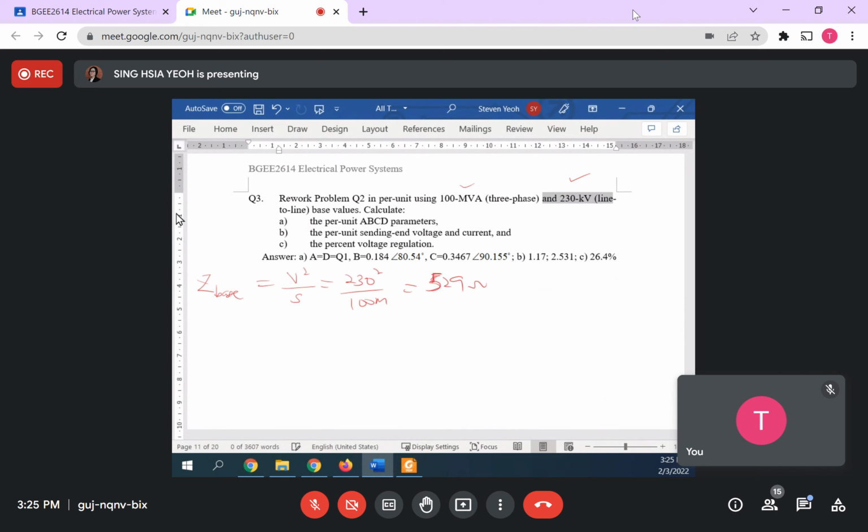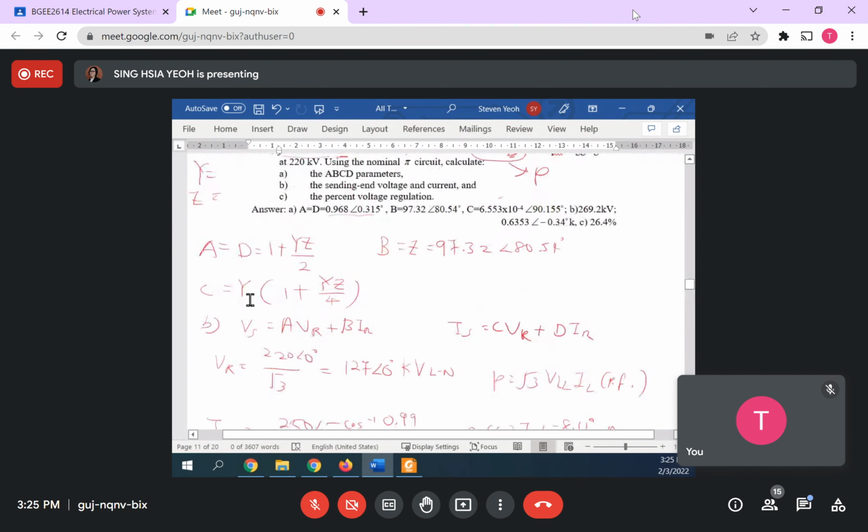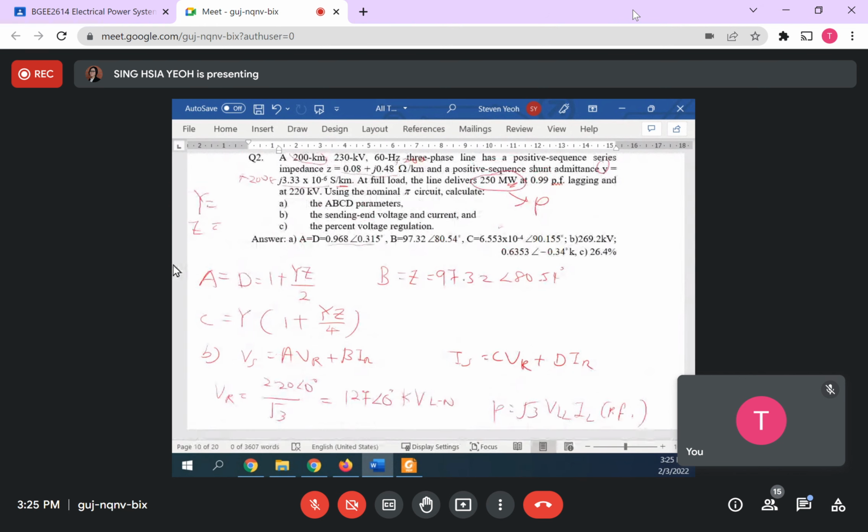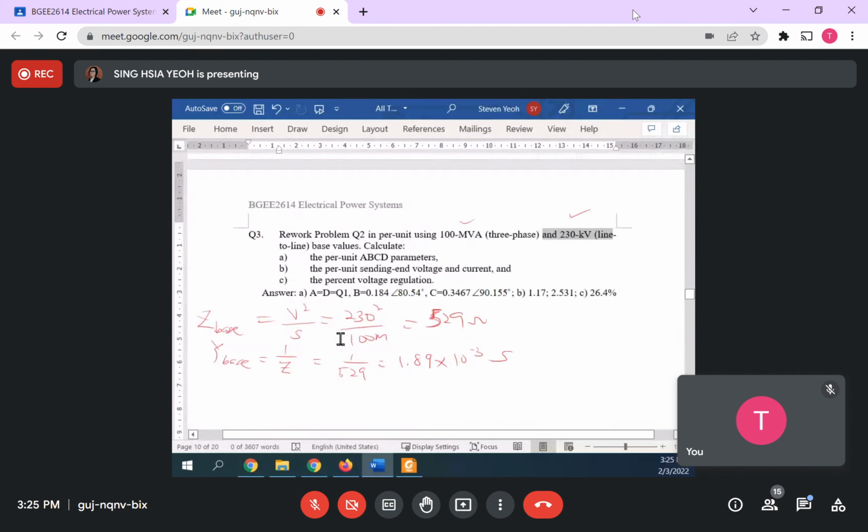Then y base, y will be equal to 1 over z, right? So it will be 1 over 529. So you get 1.89 times 10 to the power negative 3 Siemens. Okay, so once you have y base and z base, the actual y and z values you want in per unit, you need to divide by the y base and z base.